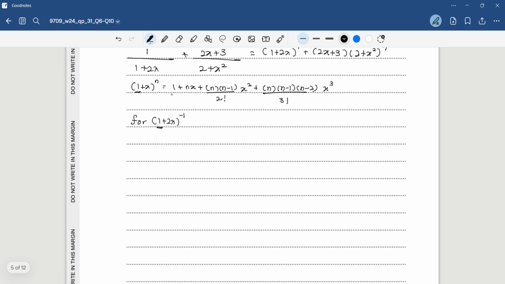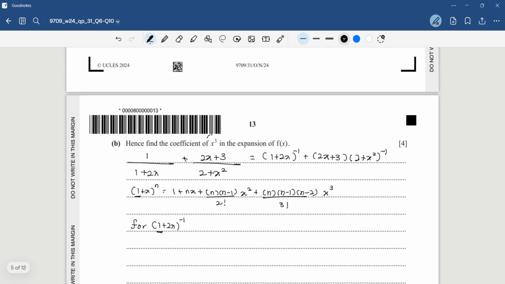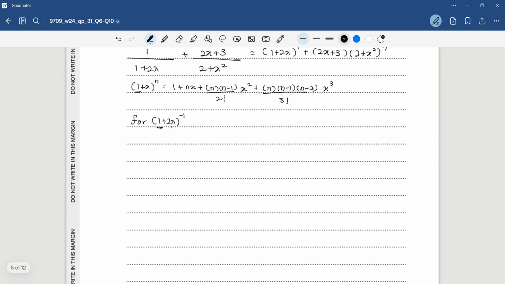But they just require x to the power of 3, right? They need the x to the power of 3 only. So we just expand only this term. It's going to be n times n minus 1 times n minus 2 over 3 factorial multiplied with my x here, which is 2x. So 2x to the power of 3. So this will be negative 1, so negative 8x cubed. So here is negative 8.